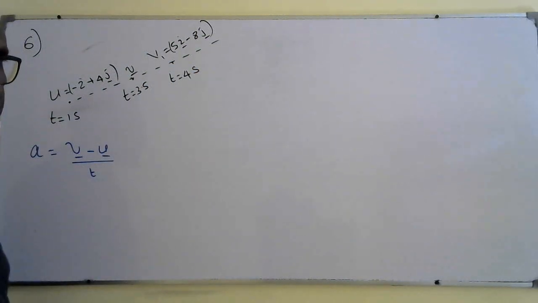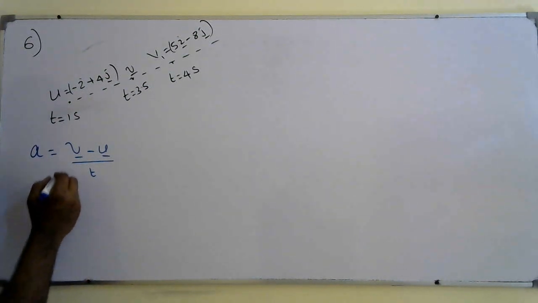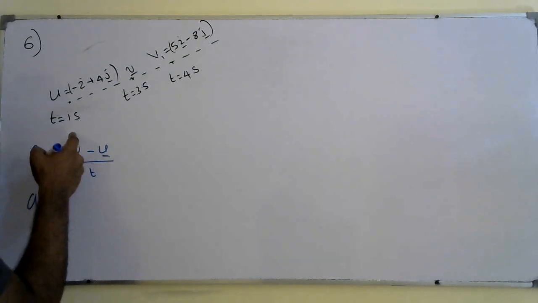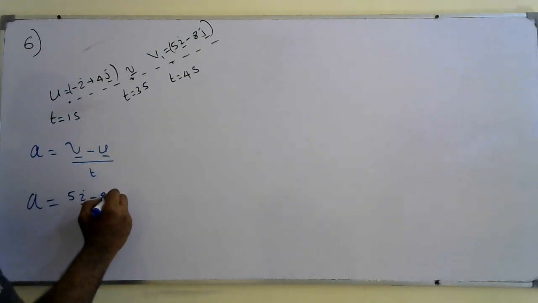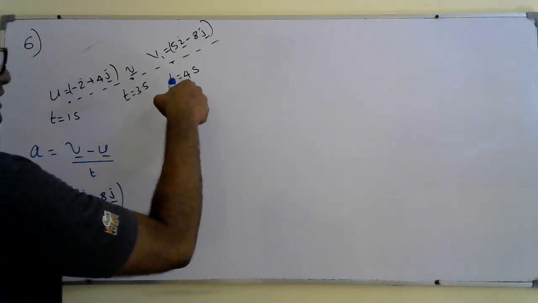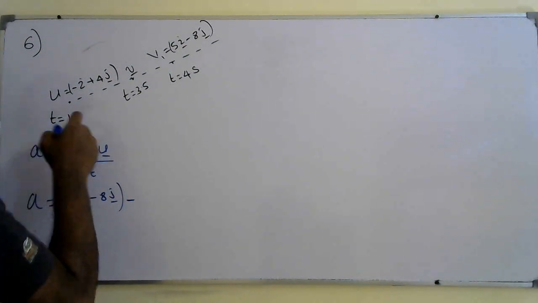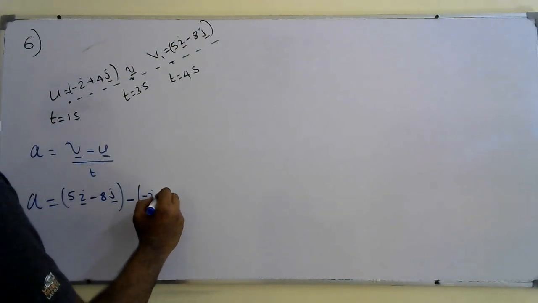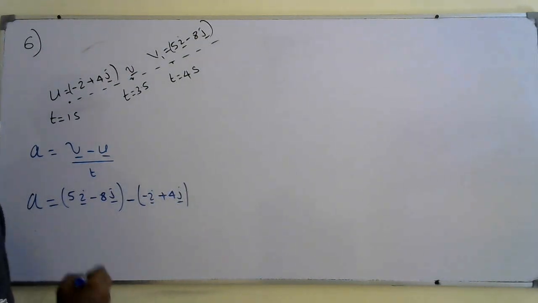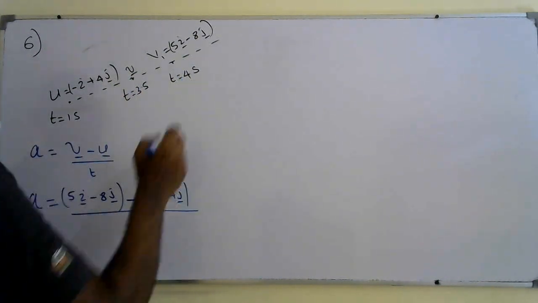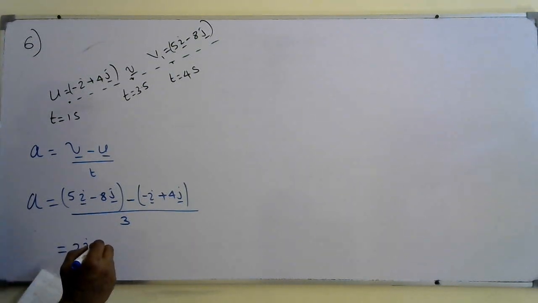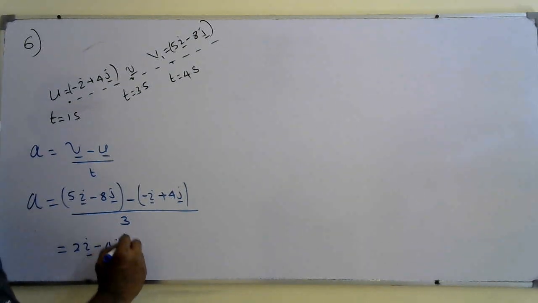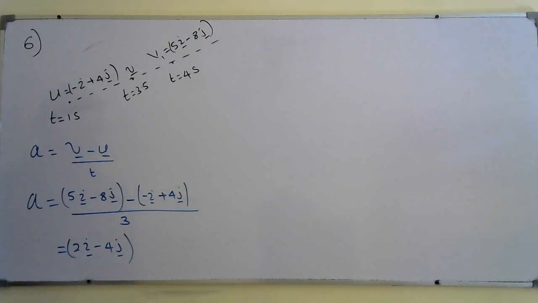So acceleration is equal to v minus u, that is 5i minus 8j, the velocity at 4 seconds, minus the velocity at 1 second, minus i plus 4j, over the time taken, 1 second to 4 seconds, that is 3 seconds. Solve this one, you will get 2i minus 4j meter per second squared.